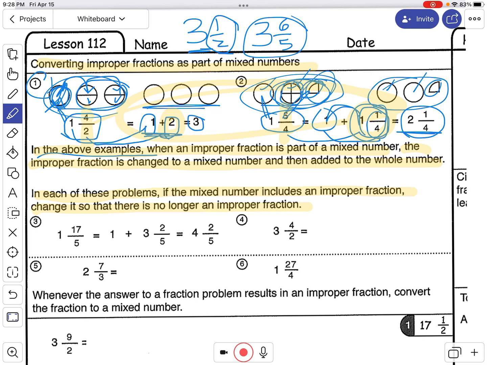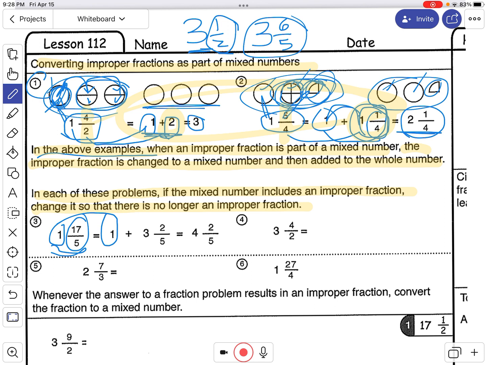All right, so let's take a look at the example problem here first. We've got, let's go back to my pen, 1 17/5. Notice that they copy the 1 there because 1 is equal to 1. What's 17/5 equal to? Well, 5/5 is equal to 1. 10/5 is equal to 2 wholes. 15/5 is equal to 3 wholes.